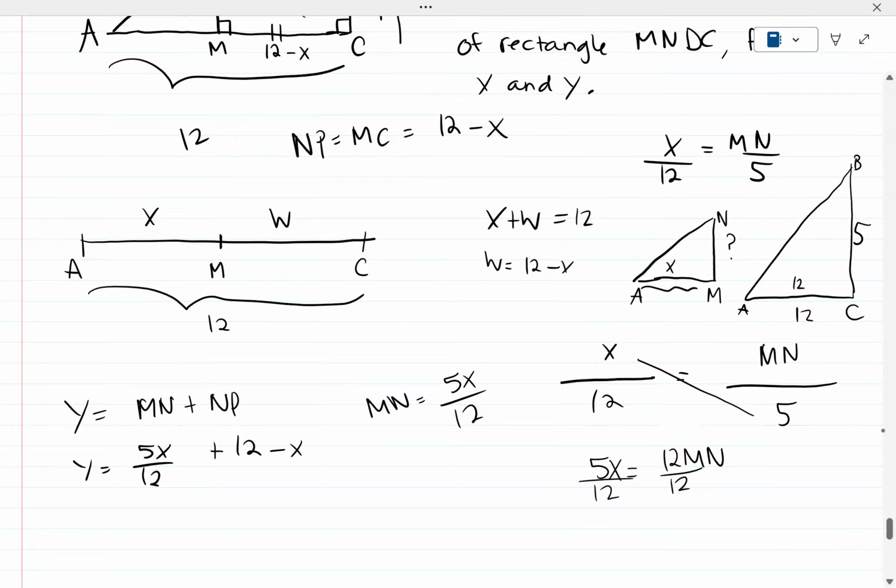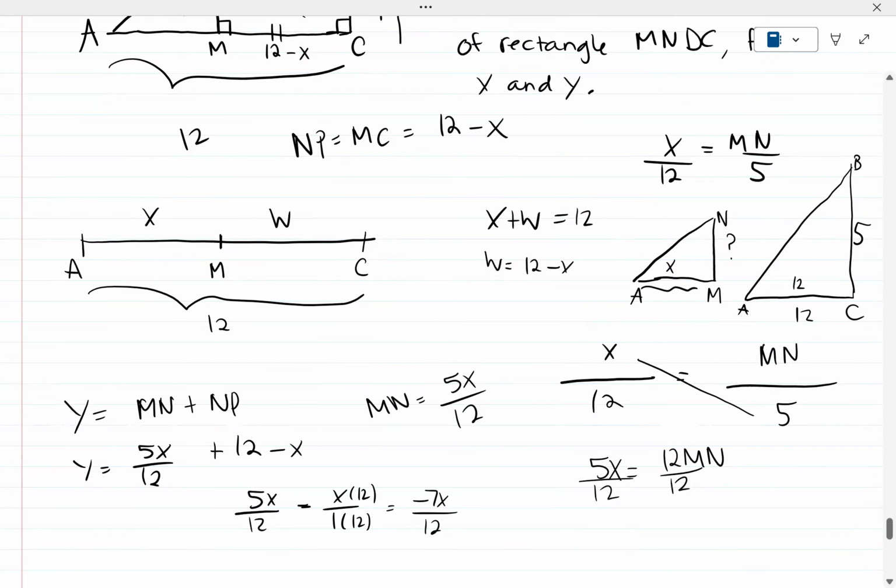I guess that's it. If you could simplify this, yeah, you can combine the X's, like 5X over 12 minus X over 1, and then find the LCD, and you get negative 7X over 12.